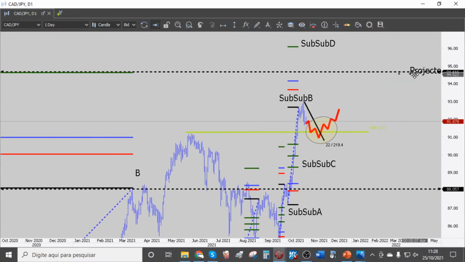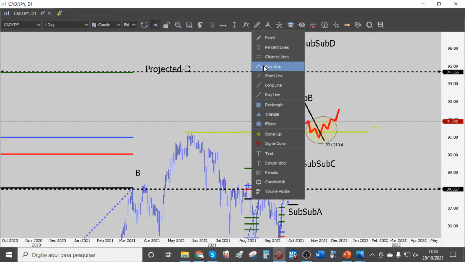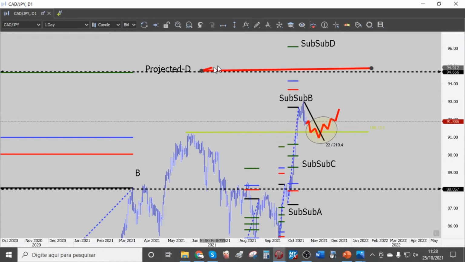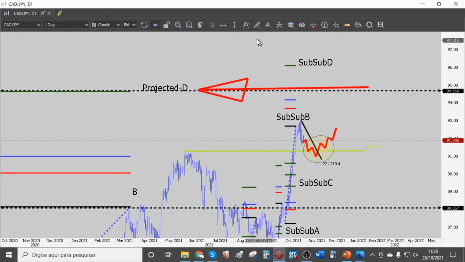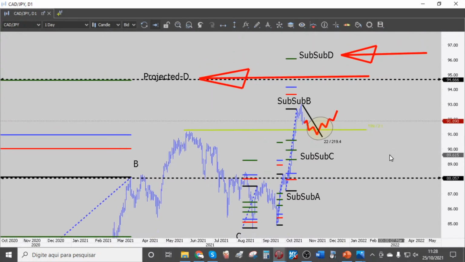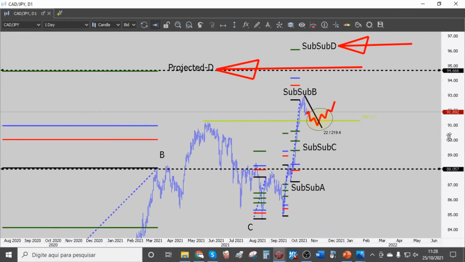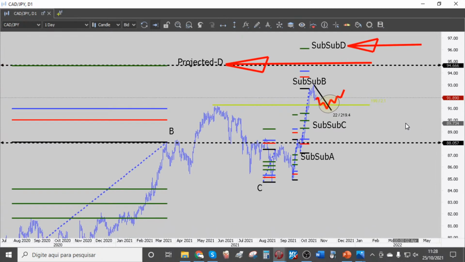Where is the correct take profit level? Should you profit take from the rules stating, by the rules, should you profit take at the capital projected D? Or should you profit take everybody at the sub D? Passion, why is this important?